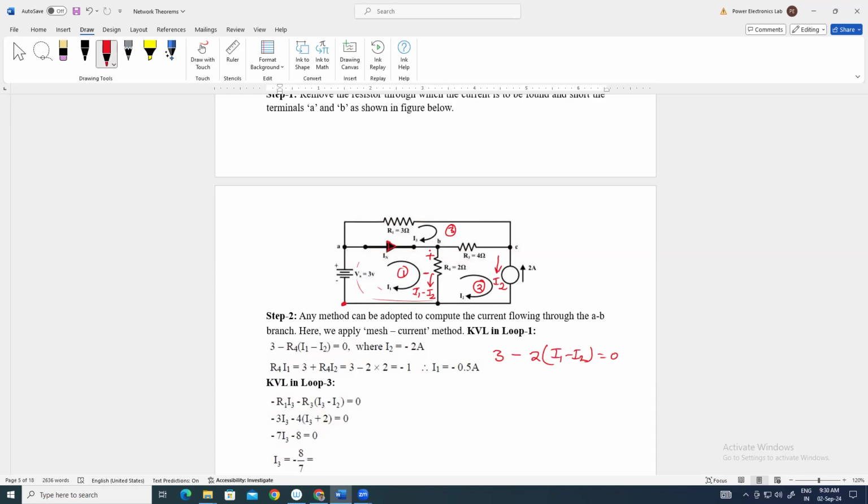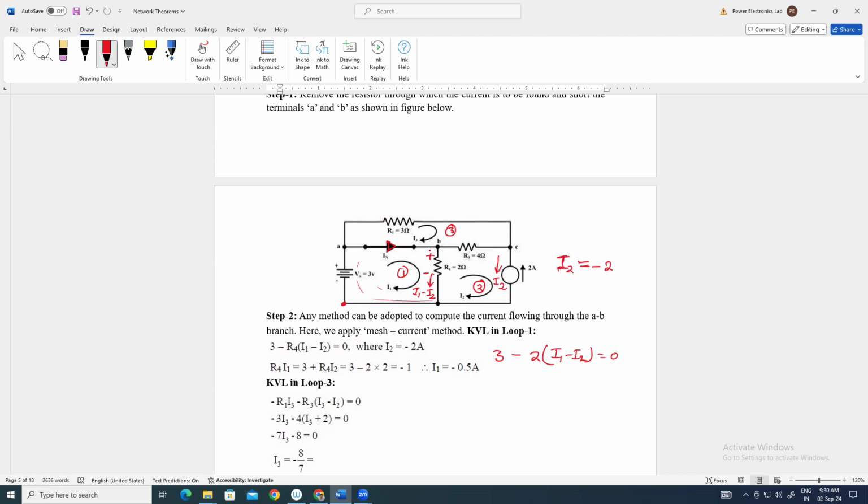As per our assumption, we have taken the clockwise direction of current here. The actual current source direction is upward here, and we have assumed the downward direction. So that's why I2 will be minus 2 ampere.